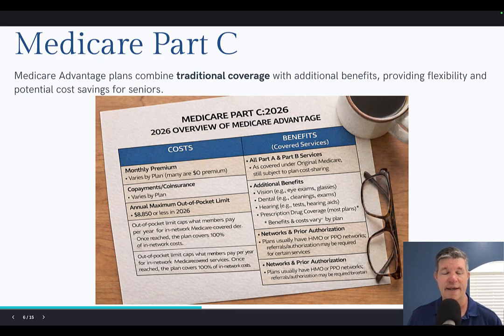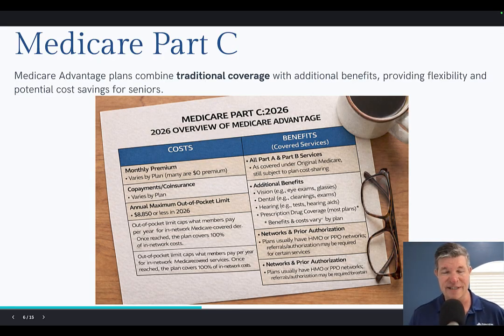So when you look at them, a lot of your HMOs and quite a few of the PPOs are going to be zero premium. Now, that doesn't mean you don't pay for them. It just means you don't pay anything above what you already pay for Medicare. Because remember, that $202.90 that you're paying for Medicare Part B doesn't go away. You're still going to pay that in most cases.